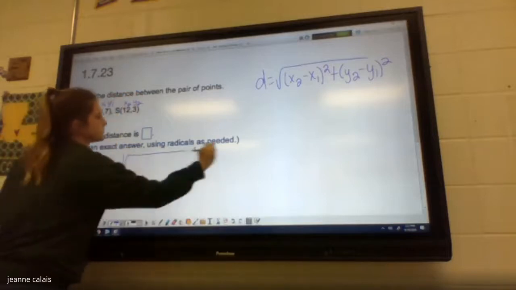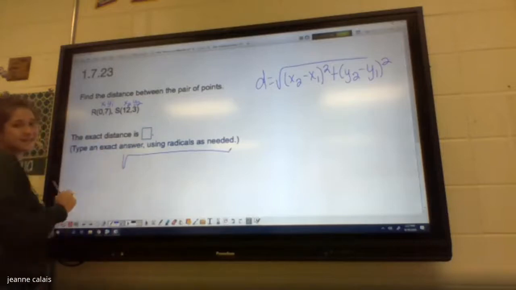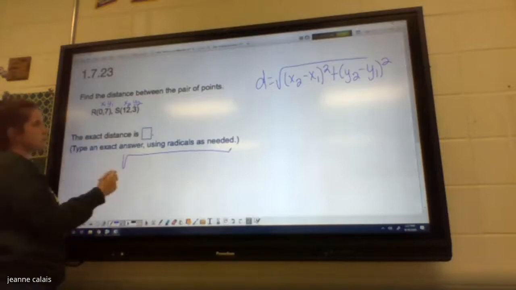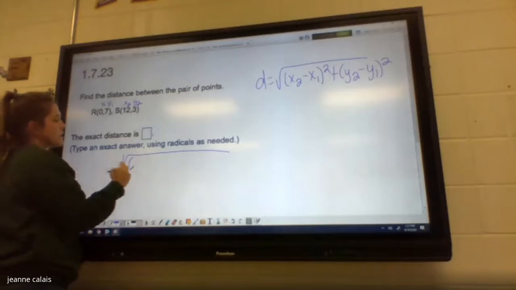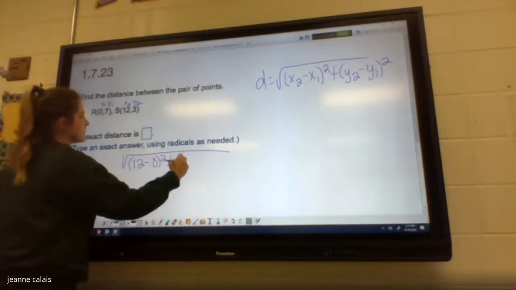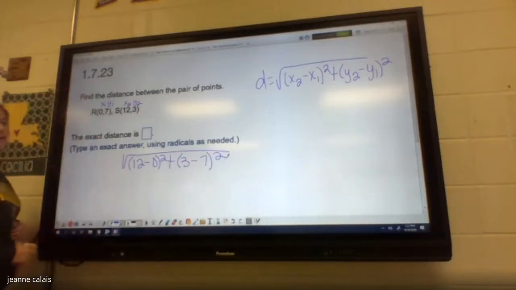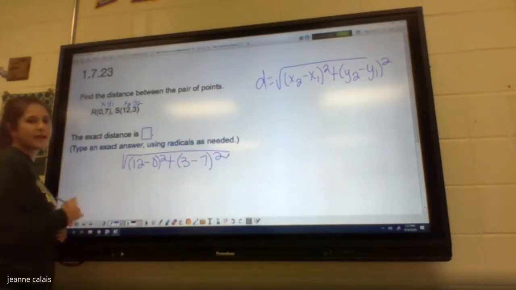Plug it in. Make sure you read your directions. It wants the exact distance. So if need be, you might have to divide up the chart like we did in the last lesson. Okay, once you have it written out, I don't care that you plug it into the calculator. You must write it down.